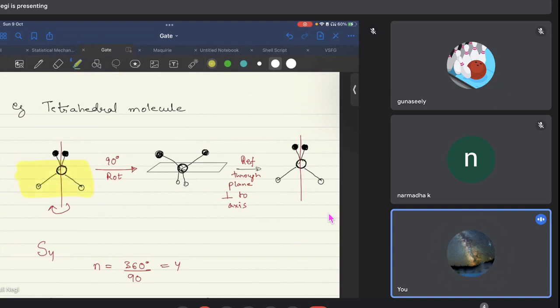Okay, so if this yellow one is the plane of the paper, say this atom and this atom are on this yellow plane. After 90 degree rotation, which three atoms will be on the plane?